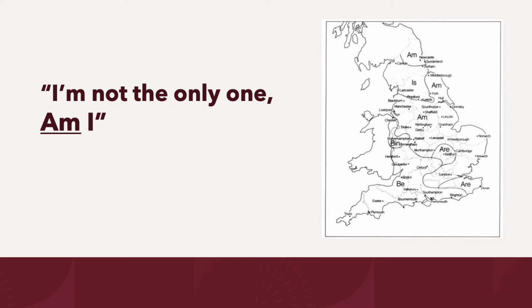So I'm not the only one, am I? And you can see am is widespread across many parts of England, but there are alternatives. In some parts of England they might say is I, or bin I, or be I, or are I. Right? So lots of variation there, even in this very basic vocabulary word.